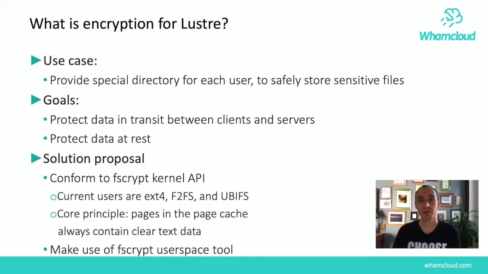The current users of this API are ext4, F2FS, and UBIFS file systems. And the core principle is that pages in the page cache are always representing clear text data. For the user space part, we want to rely on the FSCrypt user space tool so that we can tell which directories we want to encrypt and how.